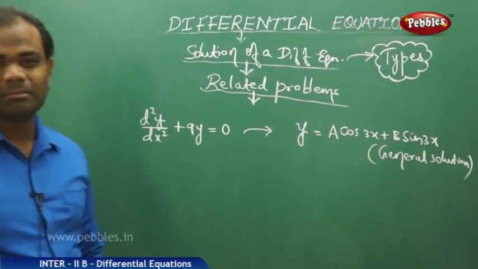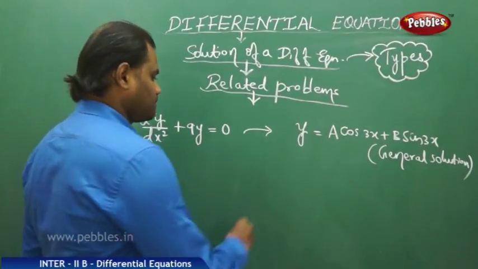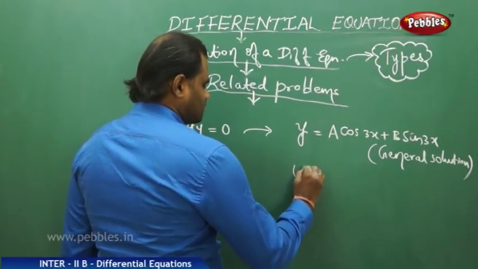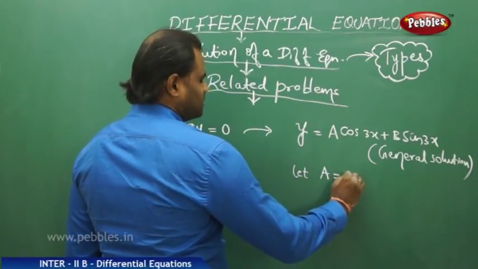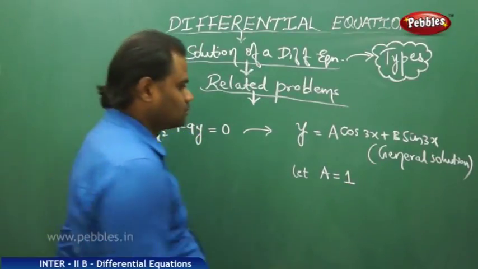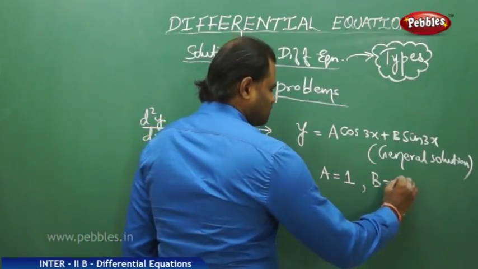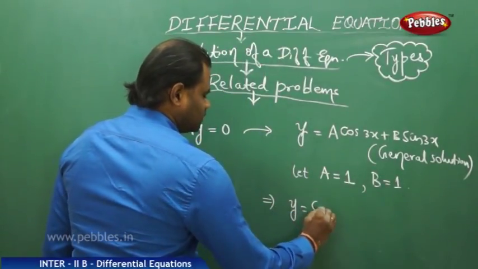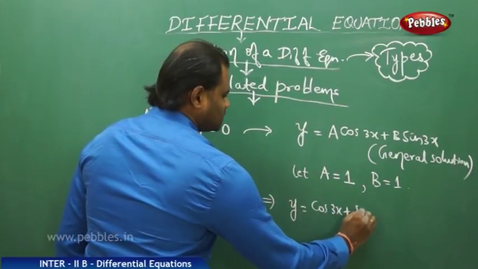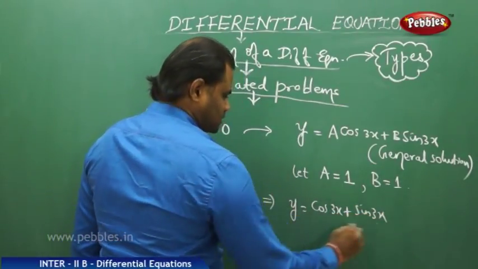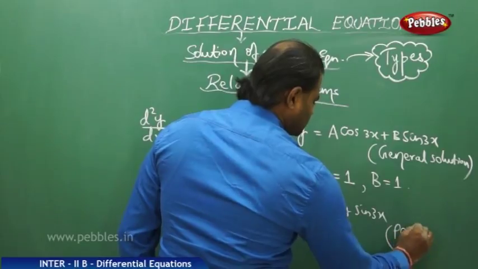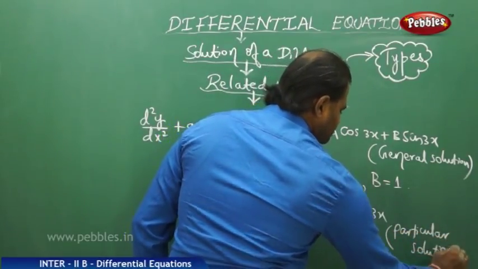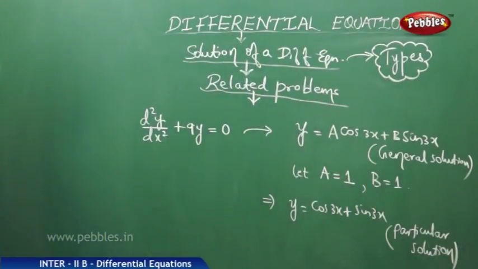Now let's see how a particular solution is obtained. Let the arbitrary constants be fixed as a equal to 1 and b equal to 1. That implies we get y equals cos 3x plus sin 3x, which is called the particular solution of the given differential equation.